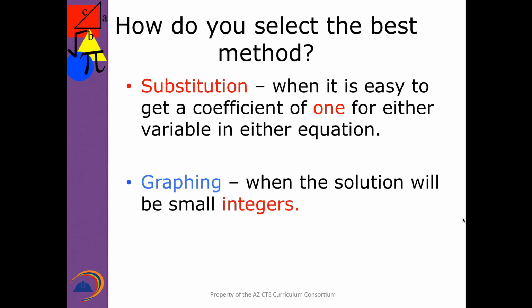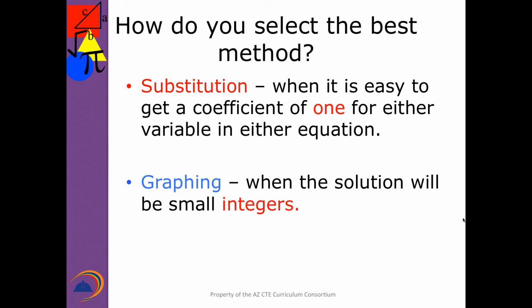With graphing, if you have an idea that the solution is going to be small and made of integers, so that your answer comes out on a vertex where the x and y axes meet, I would use graphing. If I'm not sure, I would stick with substitution, because if the answer is very small, it's going to be really hard to tell if your answer was 1/10 or 1/15. I don't think I could read that off a graph.